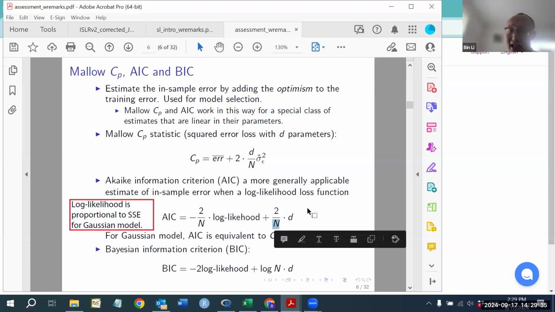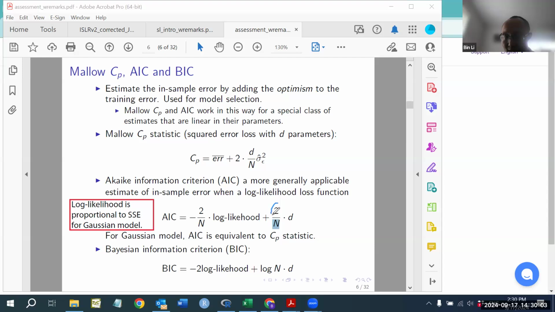No one will say this particular AIC value has its own meaning. No, AIC is used to do model comparisons. So if we multiply by n, it doesn't matter, as long as you apply it to all the models. We always choose, for those information criteria, the smaller the better, right? So you can see they are almost the same. The only difference is that for AIC, we have 2 times d. For BIC, it's log n times d. The rest are the same.